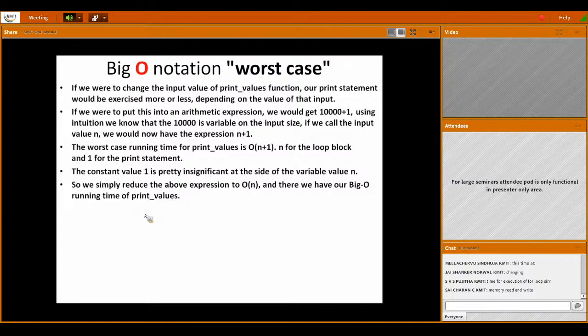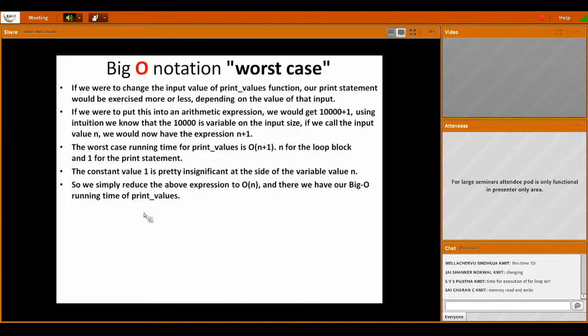We are always considering the worst case. Compared to 10, 1 is definitely significant, but compared to 1000 or 10,000, 1 is insignificant. So if we consider the worst case, 1 becomes pretty insignificant, and we simply reduce the above expression to O of n.